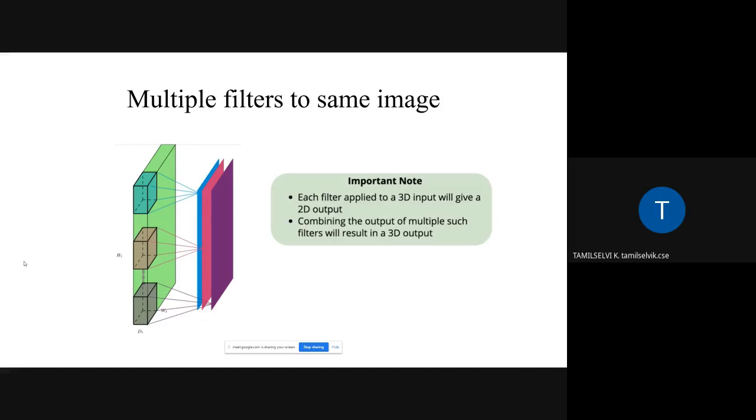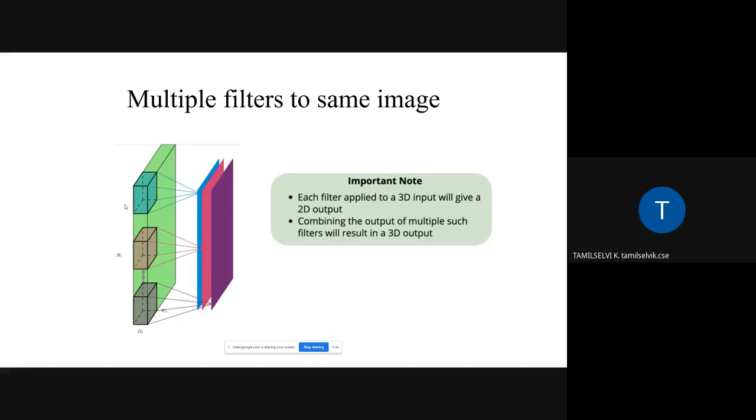For instance, take this blue as the blur filter, this pink as a sharpen filter, and this next color as an edge detector. If you apply all these filters on the same image, you will get a 2D output from each.